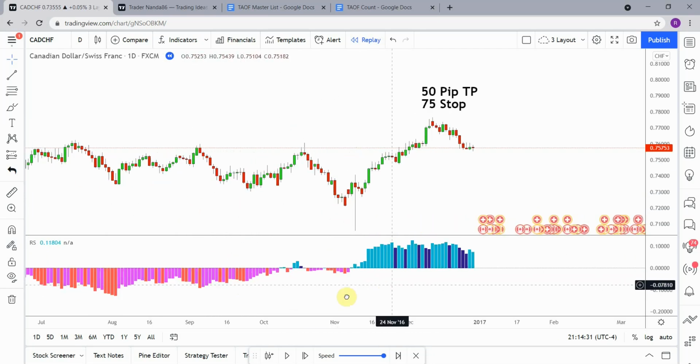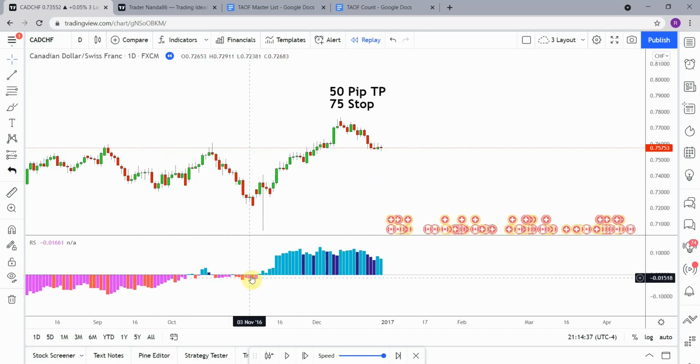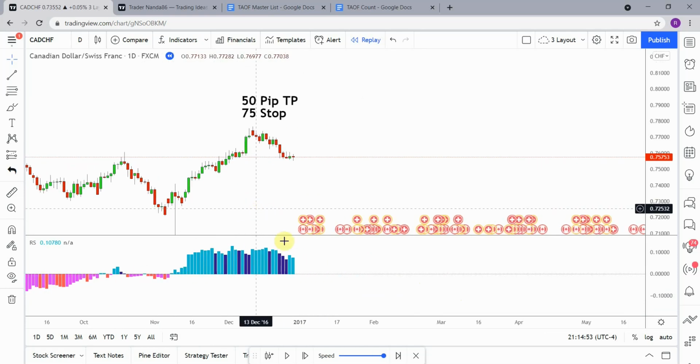And then when we get a cross to the downside and we get either the reddish color or the pinkish purple color, then we are going to go short. And so basically this is a zero line cross indicator. We're looking for the cross of the zero line to the upside or to the downside. Then we're going to take the direction of the cross. So, all right, let's go ahead and get on with the testing and see what we can get out of this.